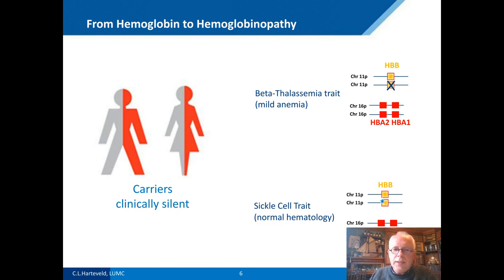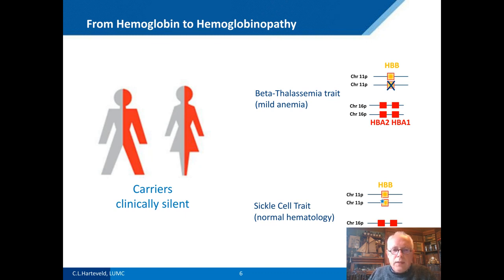Beta thalassemia trait is the condition in which there's only one beta gene or half of the alpha genes maximum not able to synthesize globin chains, and that situation is only recognized by a very mild anemia.